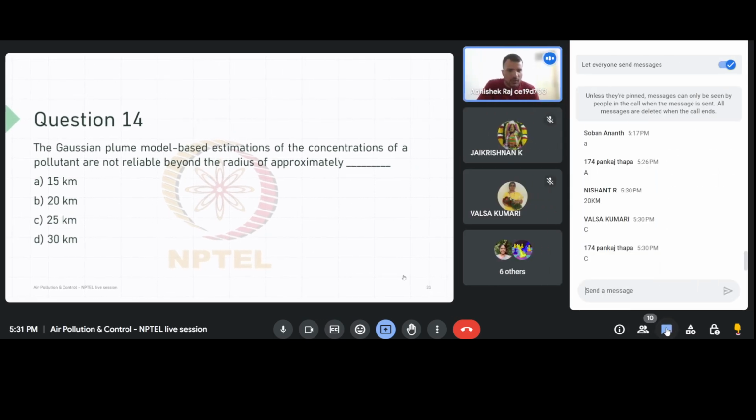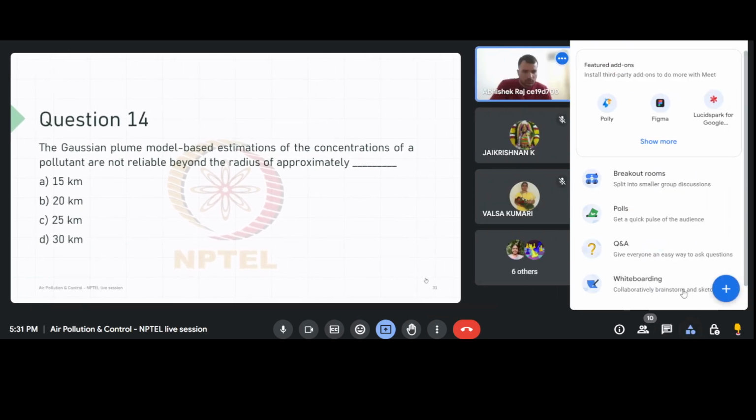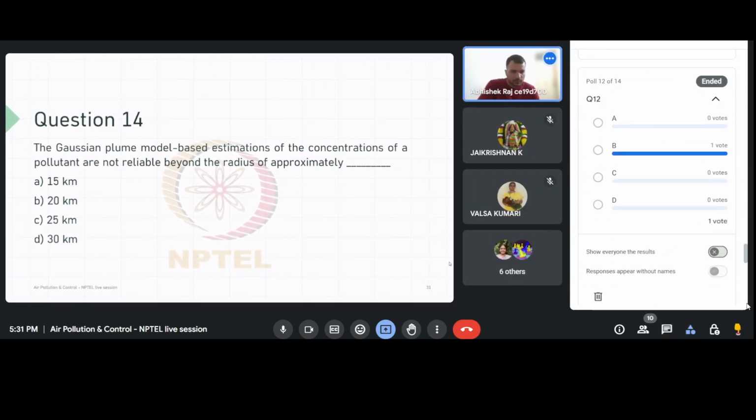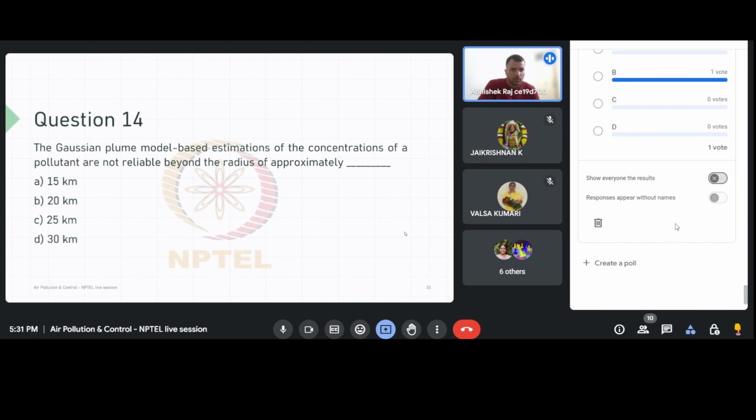Yeah, we will see the answer now. I think people are saying option C. I close the poll.